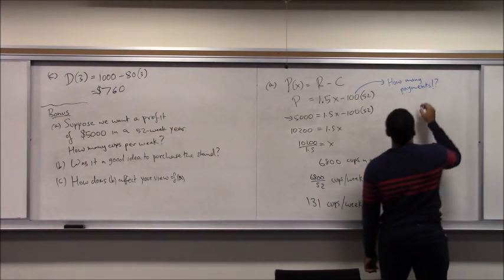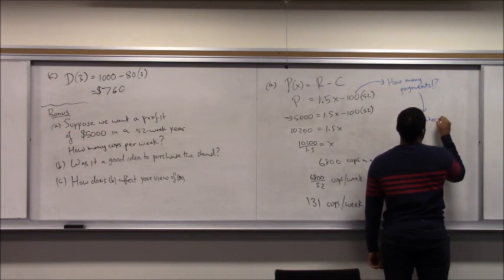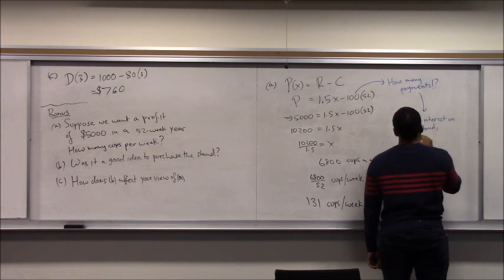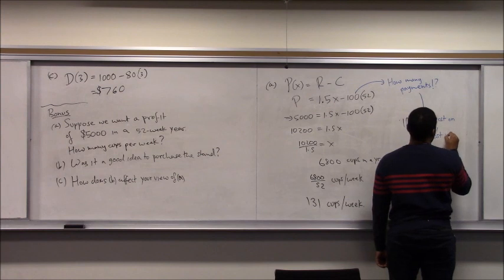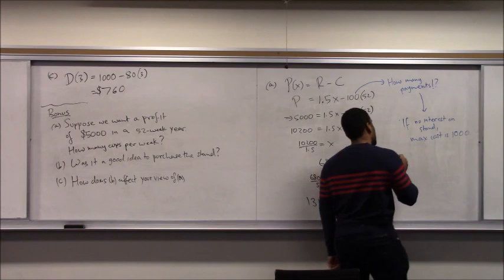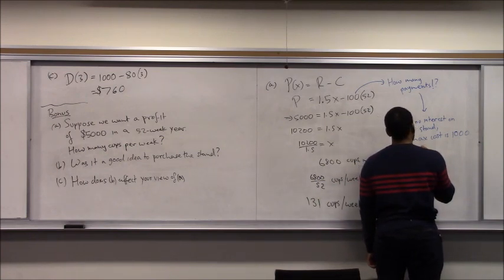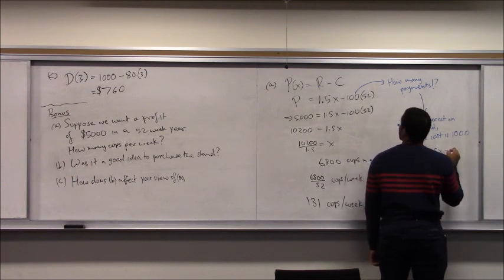So there's the scenario. These are just some things I want you guys to start thinking about, or confusion might happen. If no interest on the stand, max cost is 1,000. And then we can start throwing interest in here, but I don't think you guys do a lot of interest stuff. Then you would use P equals 1.5x minus 1,000.